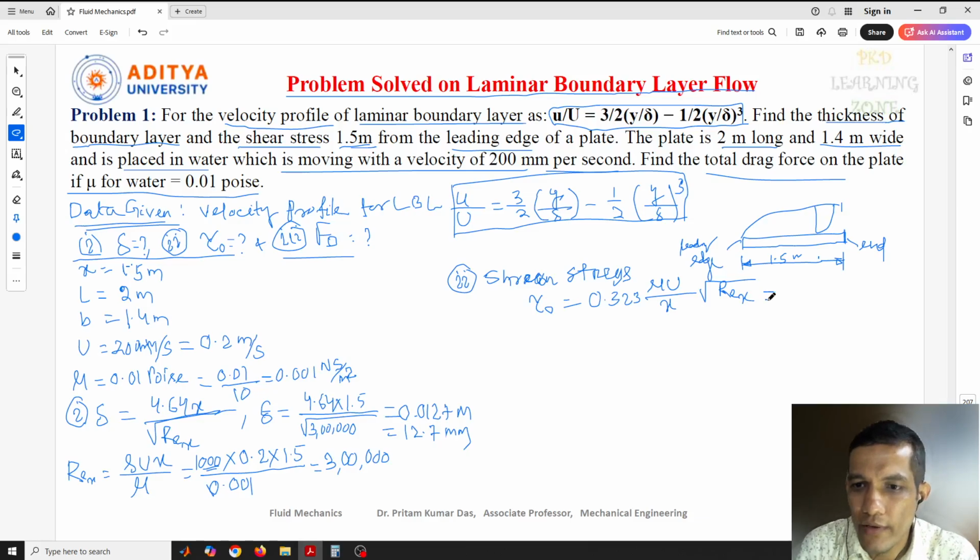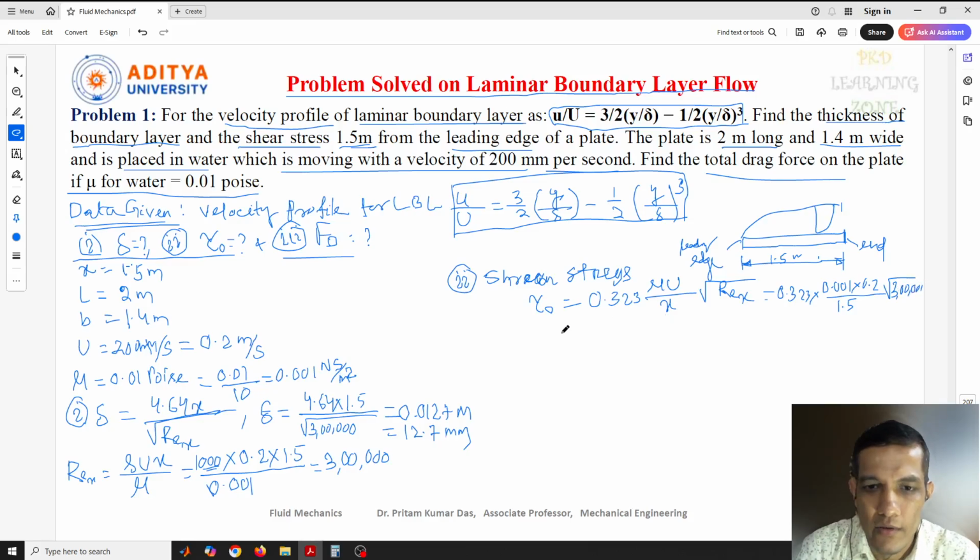Now similarly here we can calculate this value. Just put the value: 0.323 into mu, which is 0.001, into u, which is 0.2, and divided by 1.5, and this is root over of 3 lakhs.